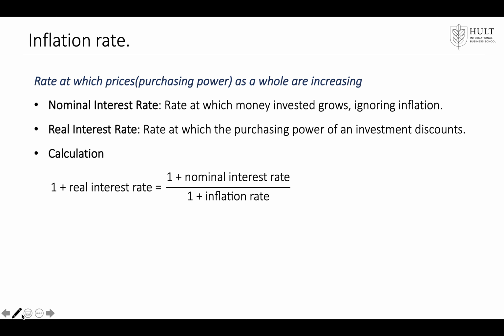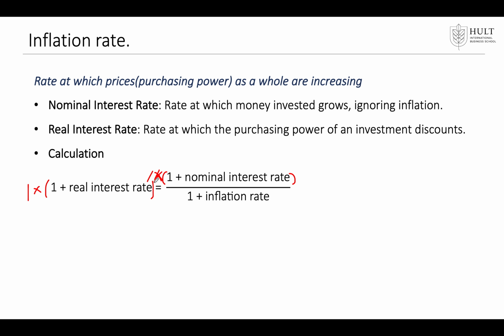So 1 plus real interest rate is 1 plus nominal interest rate discounted by 1 plus inflation rate. Why do we put this 1 plus? Because we assume that we have $1 invested, and this $1 invested times 1 plus the rate is the future value, right?